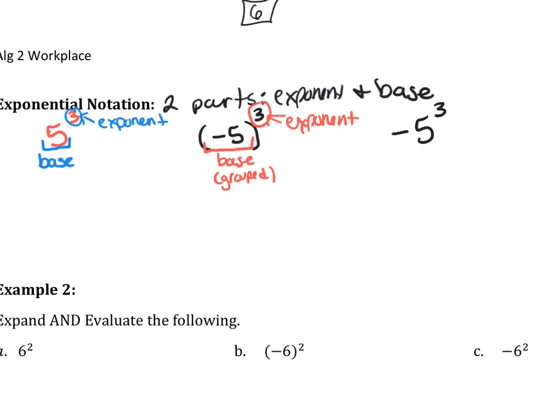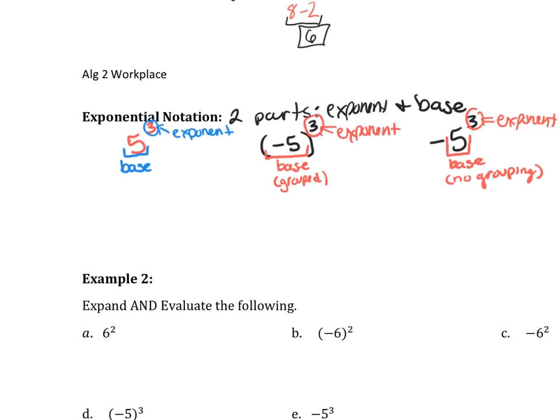If there's no parentheses grouping that together, then only the thing the exponent's attached to is the base. So in this case, only the 5 would be the base. There's no grouping, so that negative would not be included. But that 3 is still the exponent. So to evaluate exponents, it's going to be repeated multiplication.